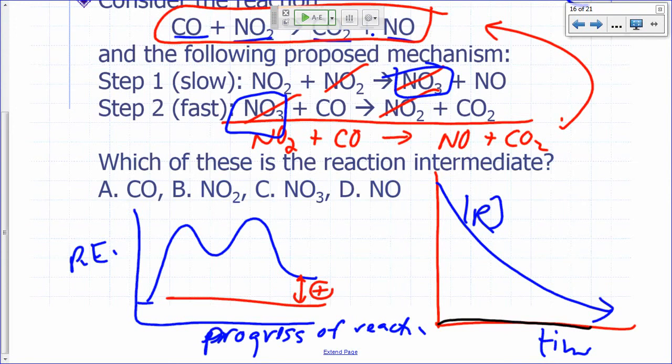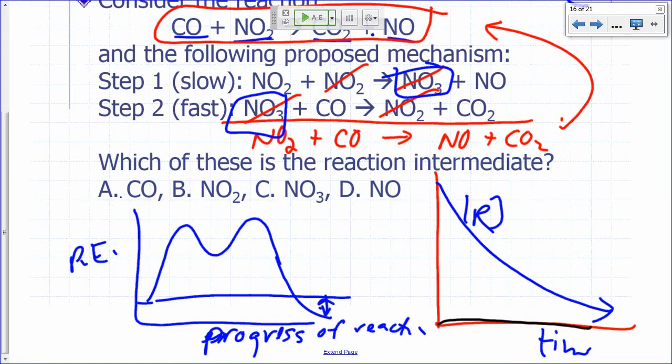If it happens to be an exothermic reaction, then you'll have to do this down here, with a lower potential energy for the product. So in an endothermic reaction, the potential energy of the products would be higher than the original reactants. In an exothermic reaction, the potential energy of the products would be lower than the original reactants.